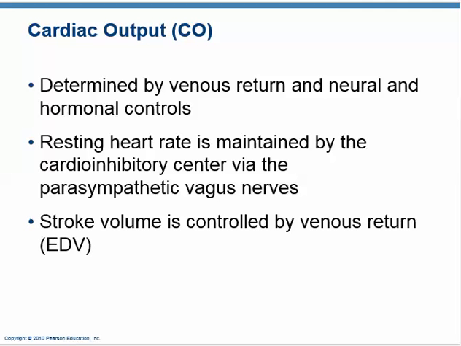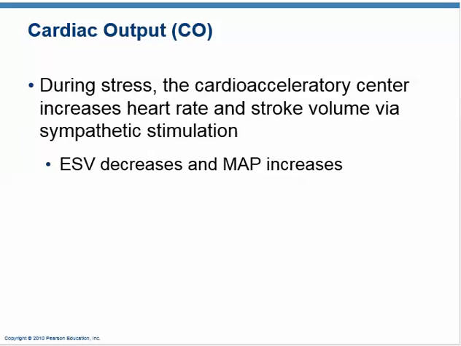Cardiac output, as we discussed, is determined by how much blood returns to the heart, and so the stroke volume and the heart rate. So if you increase the heart rate and the stroke volume sympathetically, you have more pressure.